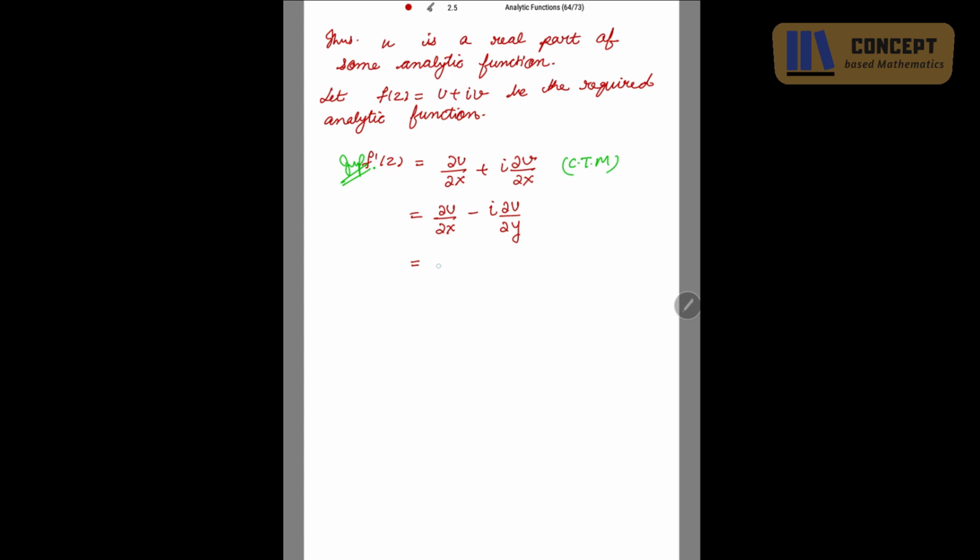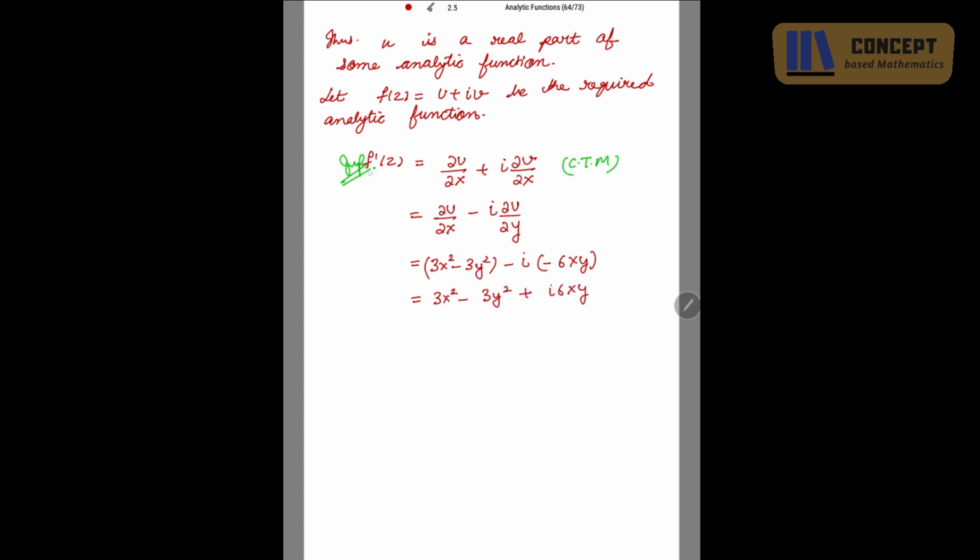We have found that is 3x square minus 3y square, minus iota, and del u over del y comes out to be minus 6xy. So this is 3x square minus 3y square plus iota 6xy.